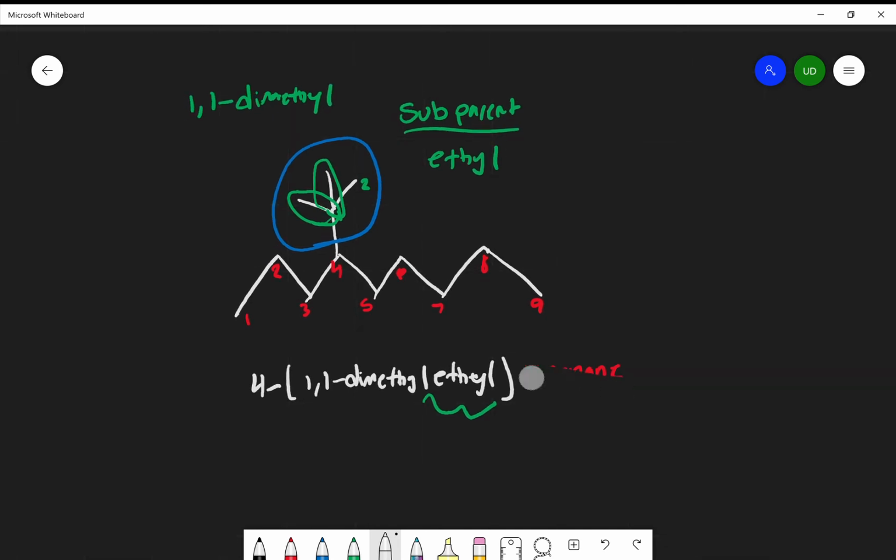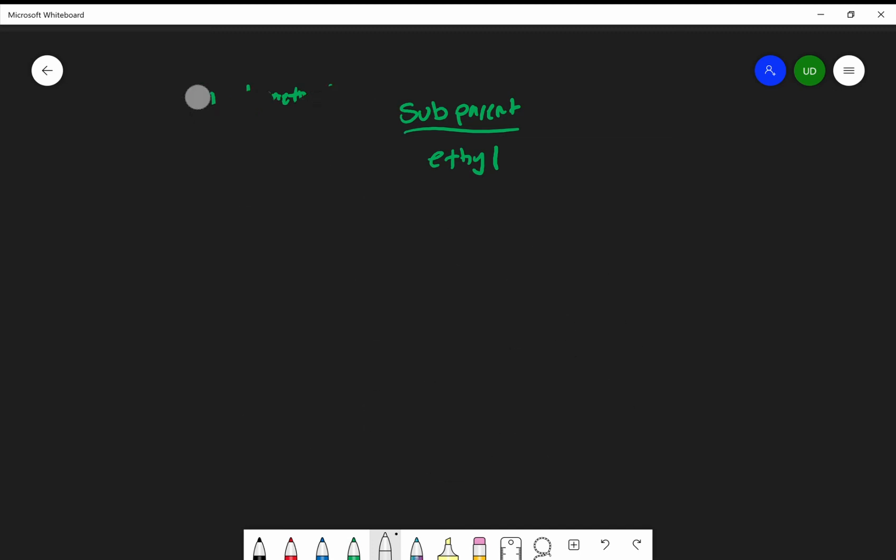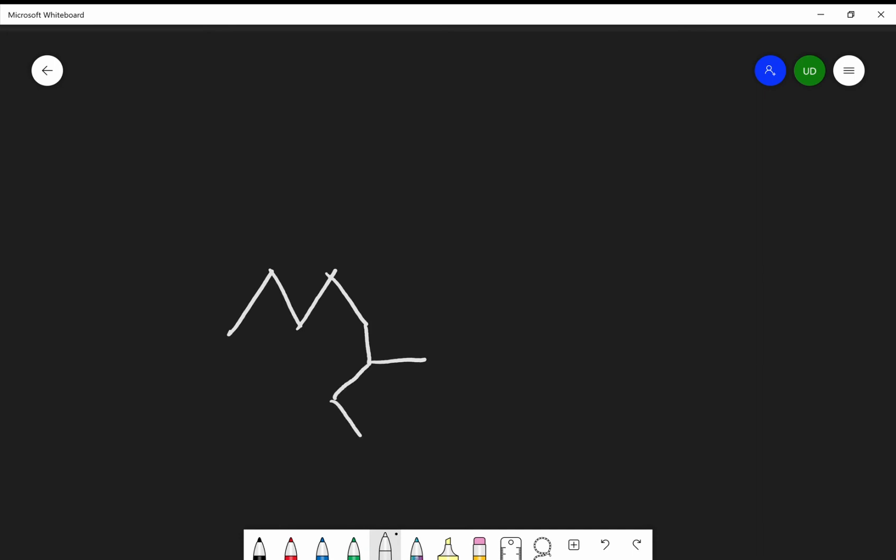So let's try another one. Okay. So for this one, you want to find the longest carbon chain, and it's not obvious.